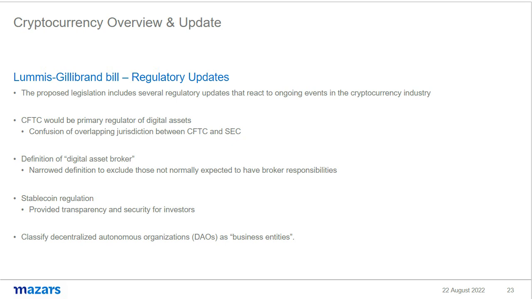And including this provision in the bill is likely a reaction to this practice, which now dictates that a DAO can't be treated as a disregarded entity for tax purposes. So the bill has several other provisions that we won't have enough time to cover today, but it'll be interesting to see over the next couple of months, especially after midterms, which ones actually make it through Congress and if any actually get enacted into law.